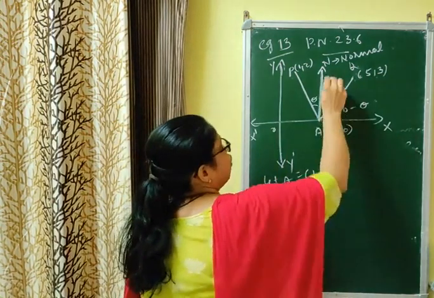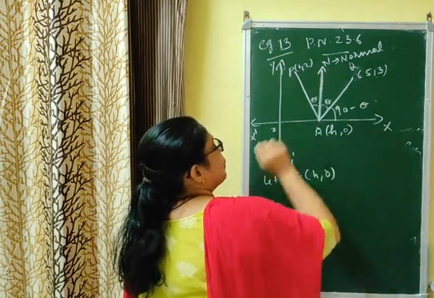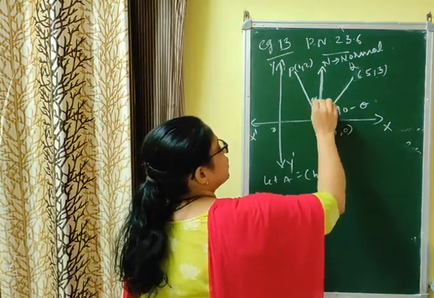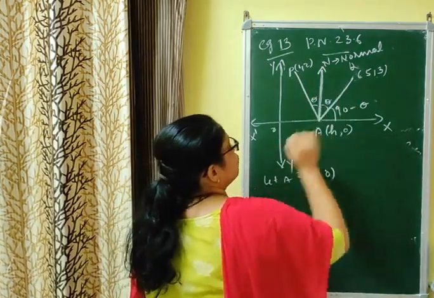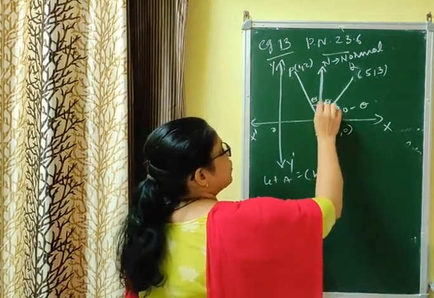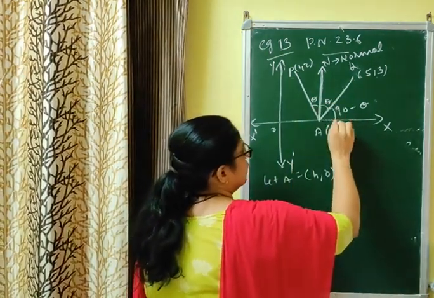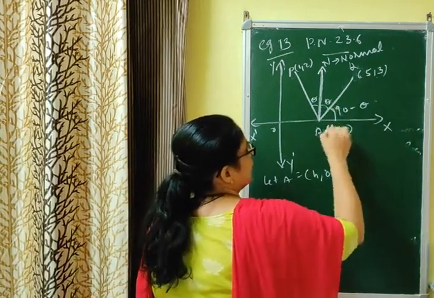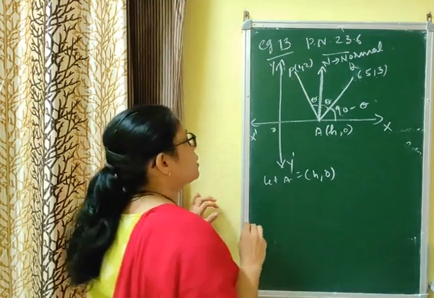We have constructed a normal at the point A. By the property of normal, the angle of incidence equals angle of reflection. This is angle of incidence, this is angle of reflection. That means these two angles are equal, and we have assumed as theta. Since this is 90 and the smallest one is theta, this angle CAX is 90 minus theta.